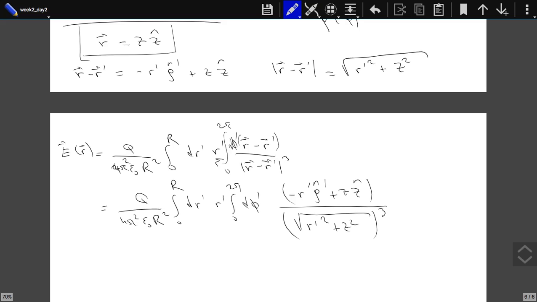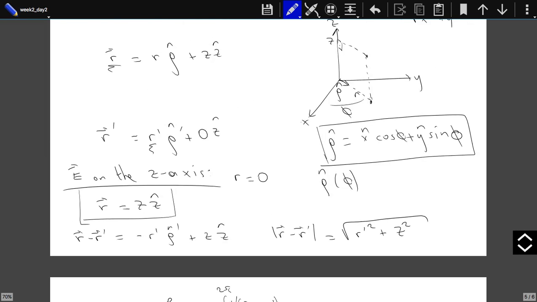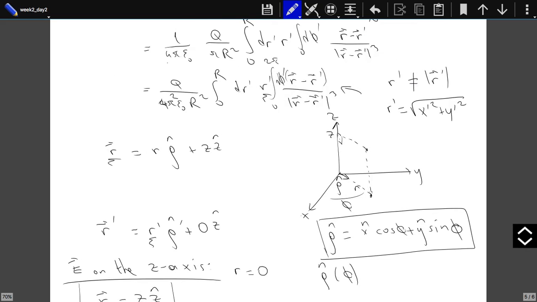Now, phi dependence here is explicit. R prime doesn't depend on phi, z doesn't depend on phi, z hat doesn't depend on phi. The only thing that depends on phi is rho hat prime. And rho hat, as your friend has pointed out, has this expression over here. What is the integral of cosine phi from 0 to 2 pi? 0.